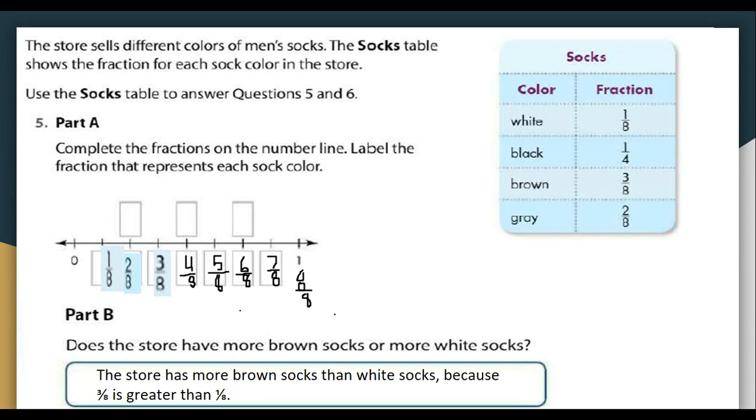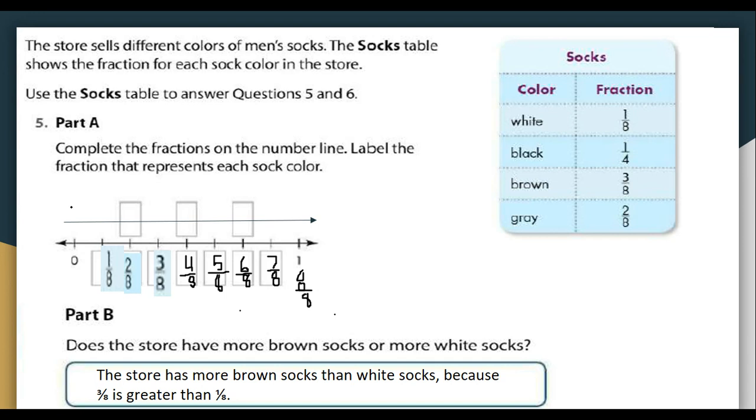Well, let's see. First off, let's make it easy for ourselves. If we're going to place other fractions, we're going to come up with another number line. So we're going to draw another number line here so it will keep us straight. Where would 1/4 go?